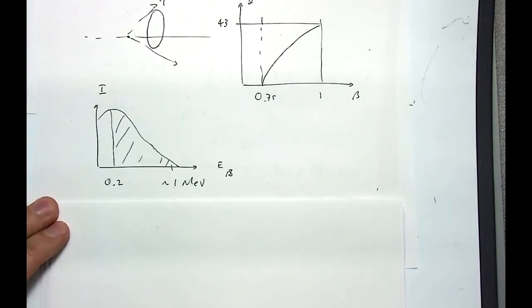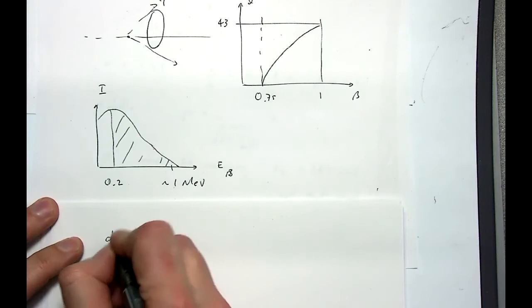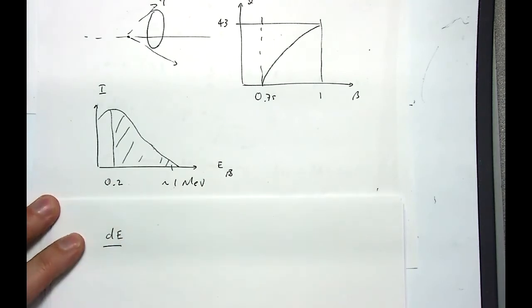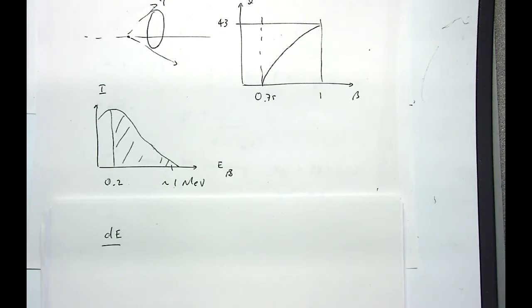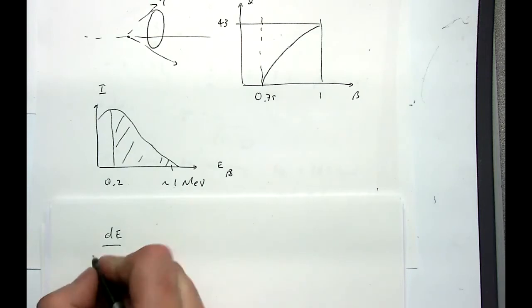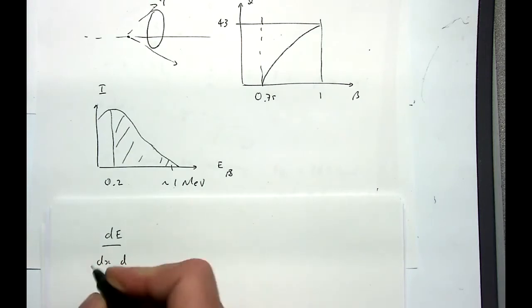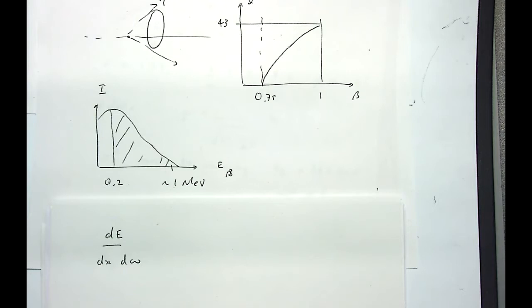And what they found is the following. What we calculated was whether or not photons were being emitted due to this shock wave, but we didn't say how many. There must be a rate of photon production. So we write down the rate of energy loss by the charge to that radiation field as a function of distance travelled and as a function of the frequency of the photons being emitted.